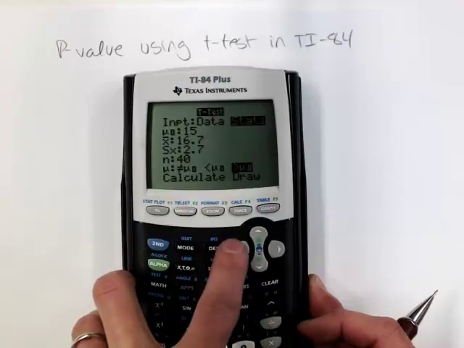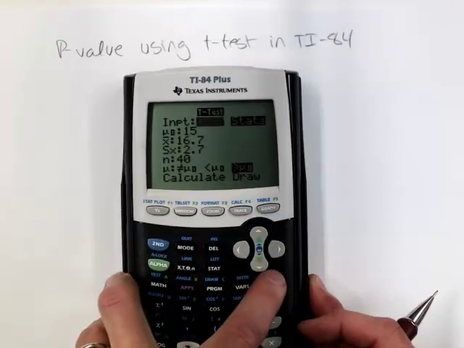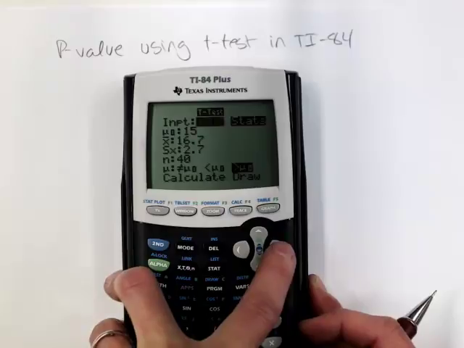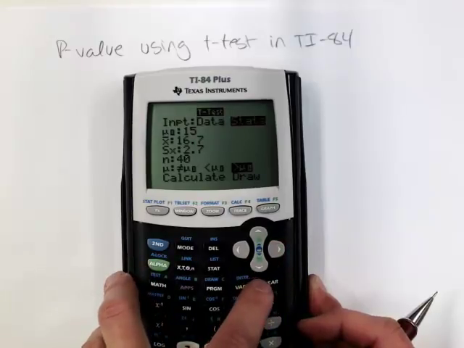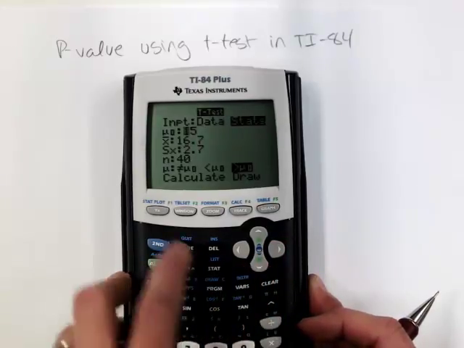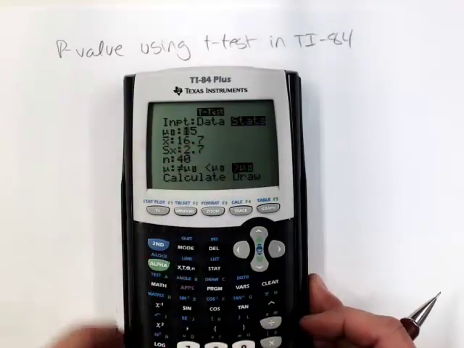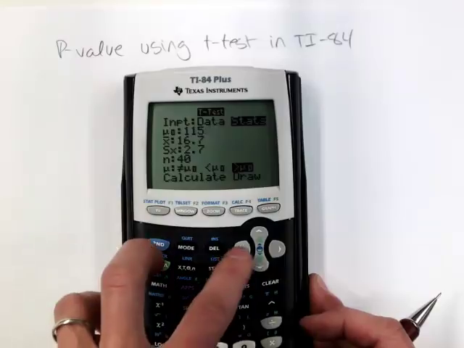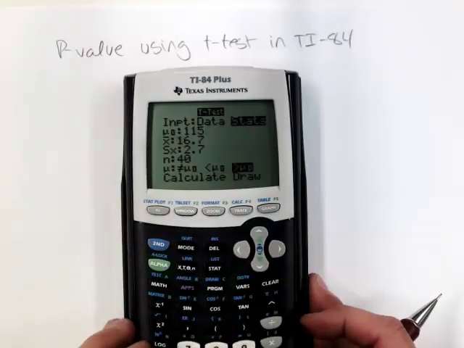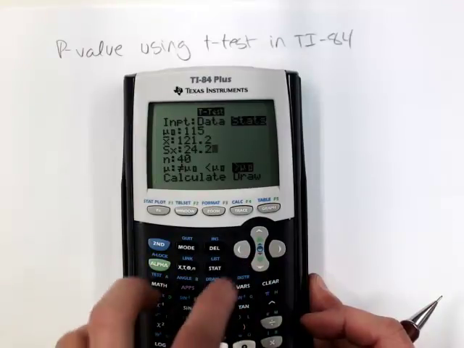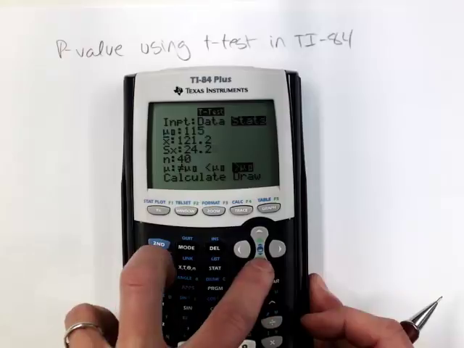I could either have the raw data in a list, all 34 values, but I have the summary statistics, so I'm going to leave that highlighted. And I'm going to put in the parameter from the null, which is 115. My sample mean in this problem was 121.2. Sample standard deviation is 24.2.